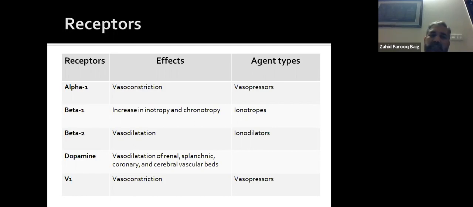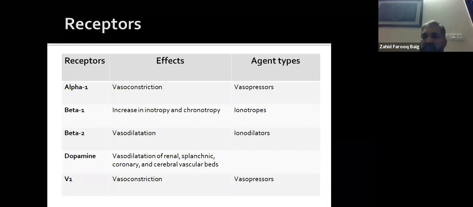These are present in the heart, and they increase inotropy and chronotropy. The agents acting on them are known as inotropes. Then beta-2 receptors are present in the vessel wall. The activation of these receptors leads to vasodilatation. And as some agents activate both beta-1 and beta-2 receptors, these are known as inodilators.